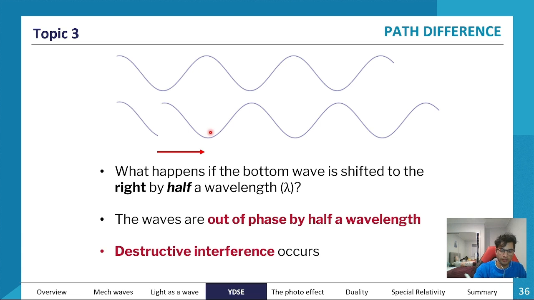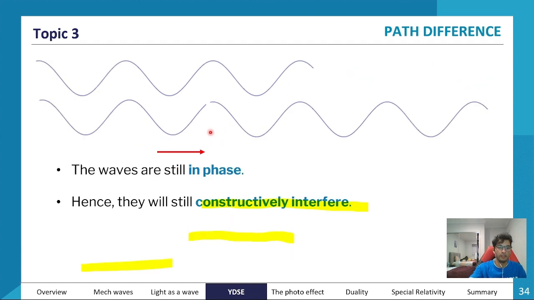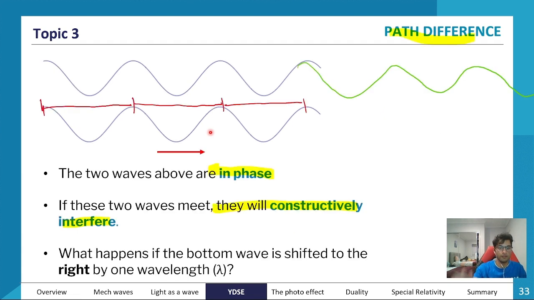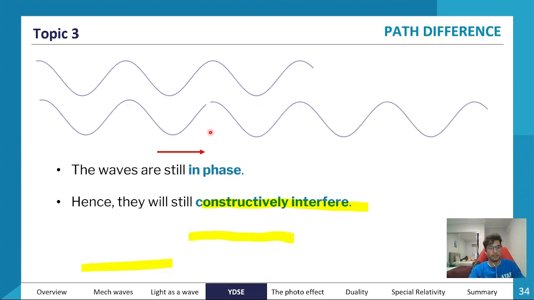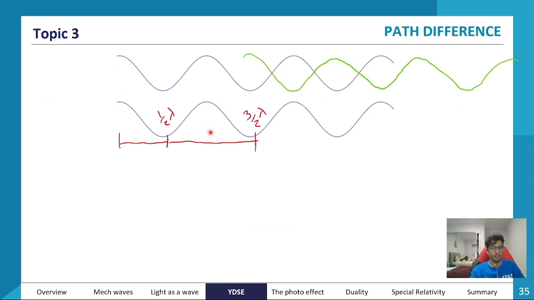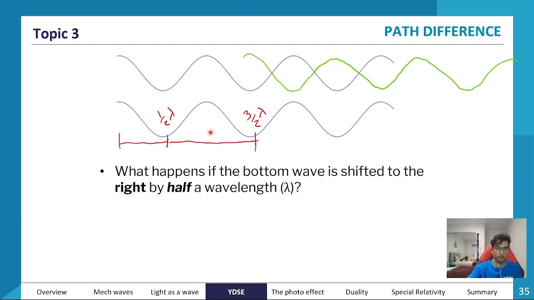When this happens, we say that the waves are out of phase. You can think of phase as like out of sync. Before, the waves were in sync, which creates constructive interference. But since these two waves are out of sync by half a wavelength, it creates destructive interference.